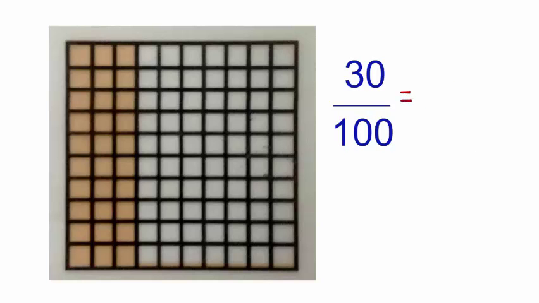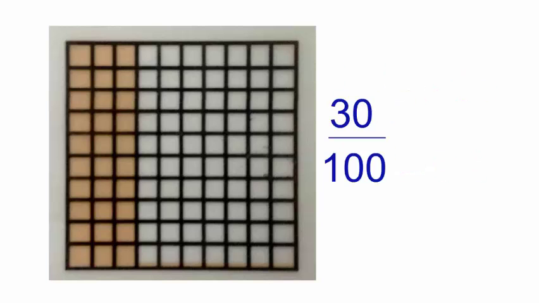Is it not equal to 0.30 or 0.3? We also know that percentage means so many parts in 100. This model has 30 parts out of 100 parts that have been shaded. So, the percent can be written as 30%.